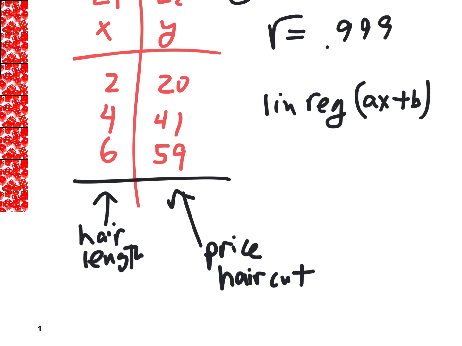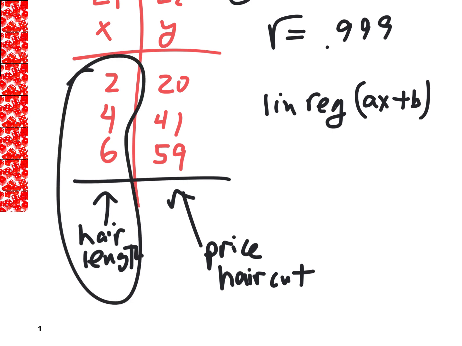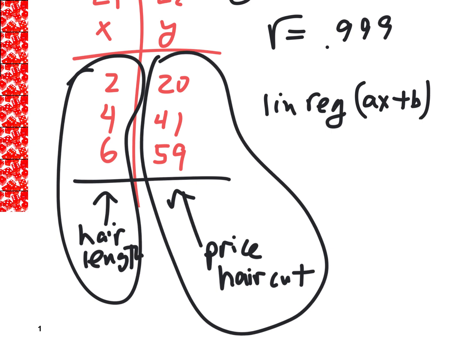In the real world, they don't charge you way more for having longer hair, but they could. So imagine that this was your hair length, and this is how your price would be for getting a haircut.